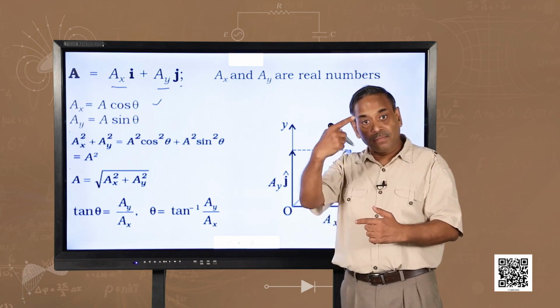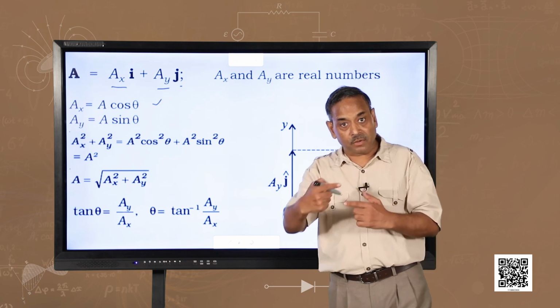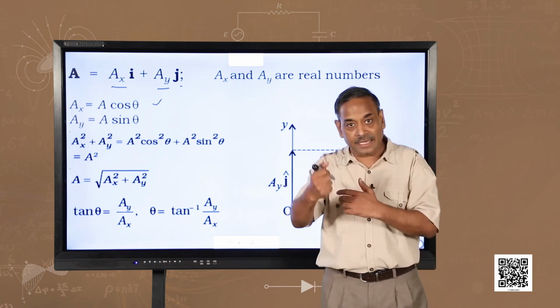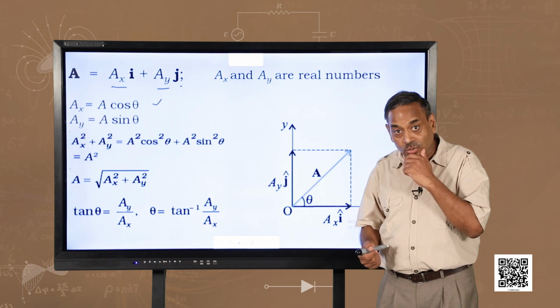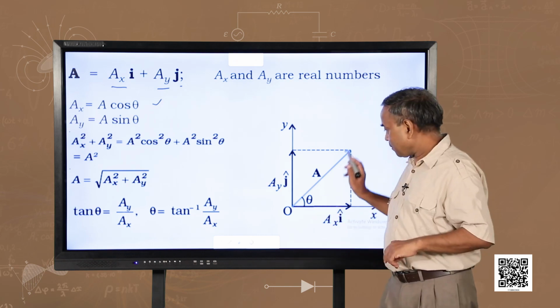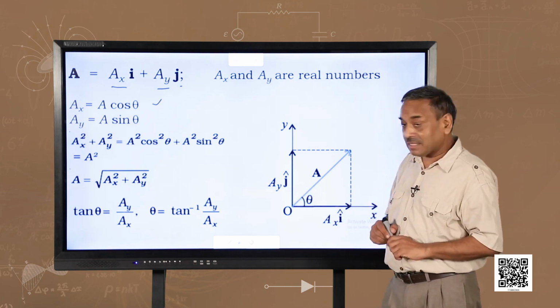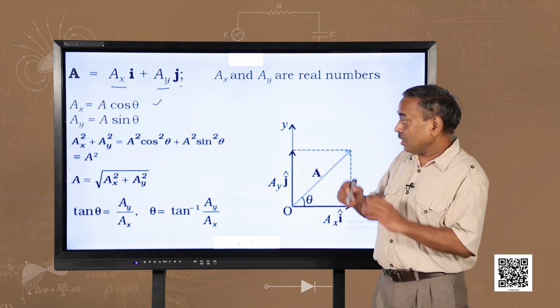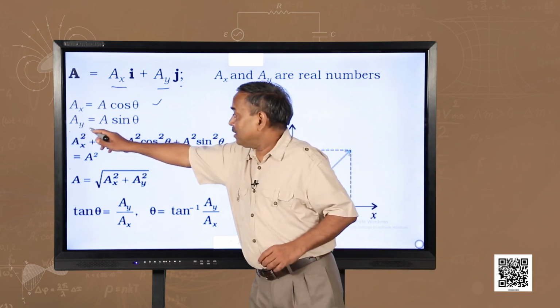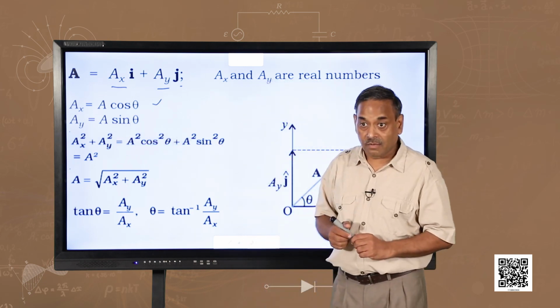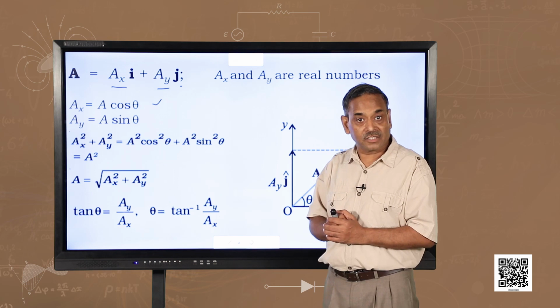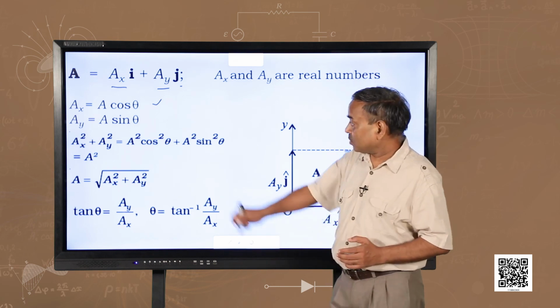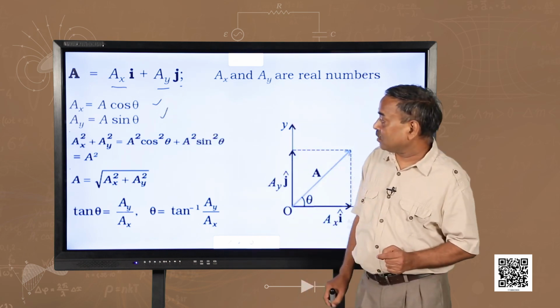Base divided by hypotenuse means A x divided by A, means A x is equal to A cos theta, right. Similarly, what is sin theta? A y divided by A. So, A y is equal to A sin theta. Very simple. Simple trigonometric relation. So, this is how you are able to resolve it.